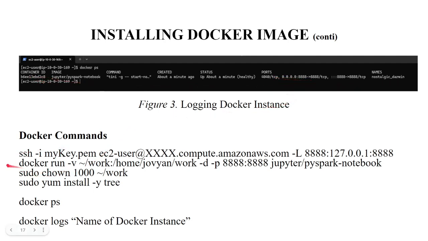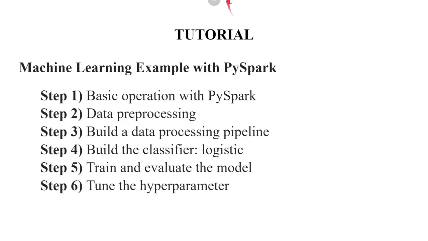These are the commands we need to run. First we SSH into our EC2 instance, and we use the -L option to port forward to our local system, and then we run the Docker image, and we start the Docker, and after that we have to get the logs using the name which we get.